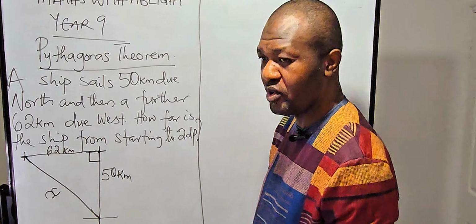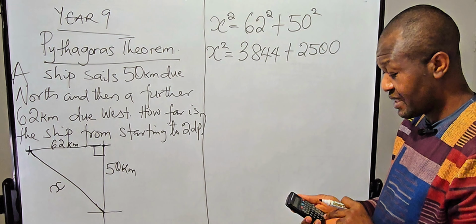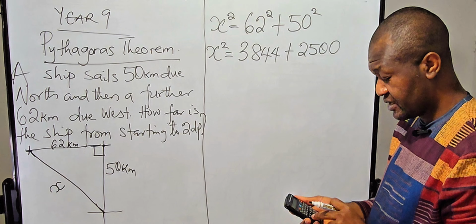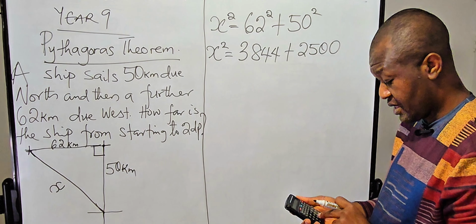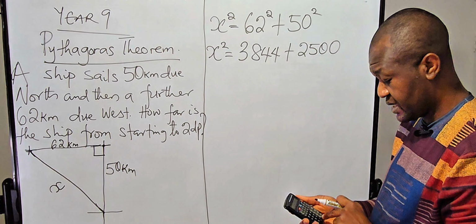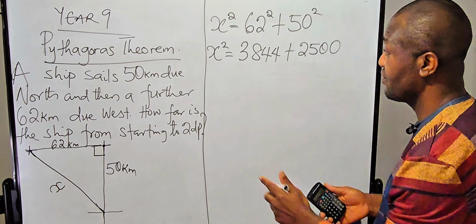The square of 50 is 2,500. Just square 5 and then the zeros. Let me confirm. Yeah, it's 2,500. So I'm going to add that to 3844. It gives 6344. I'll do it again. 3844 added to 2,500 gives you 6344.